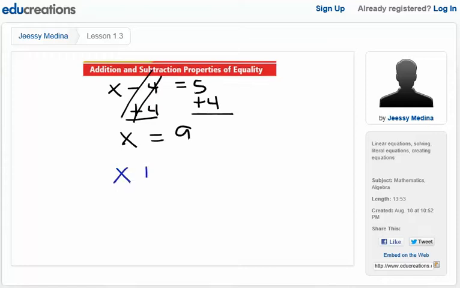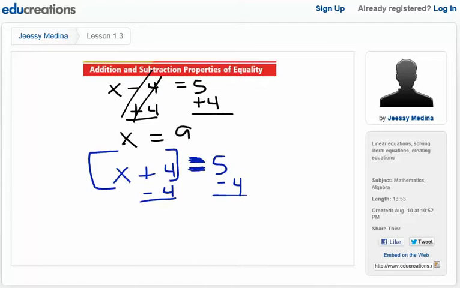If this had been x plus 4 equals 5, then we could have subtracted 4 from both sides of the equal sign. Remember, if you are working on only one side, then you're combining like terms. But when you're working on both sides of the equal sign, then you're doing this balancing act. Okay? This goes away, and we get that x is equal to 1.